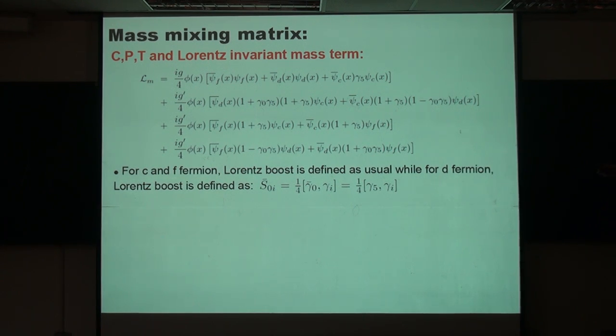So here I just choose one diagonal coupling and another off-diagonal coupling. But later I can show you that the strengths of these two couplings could actually be chosen as the same. And for the last generation, the boost generator should be defined in a slightly twisted way, not gamma 0 gamma I, but gamma 5 gamma I.